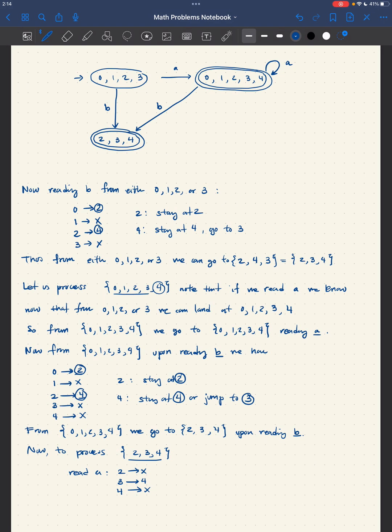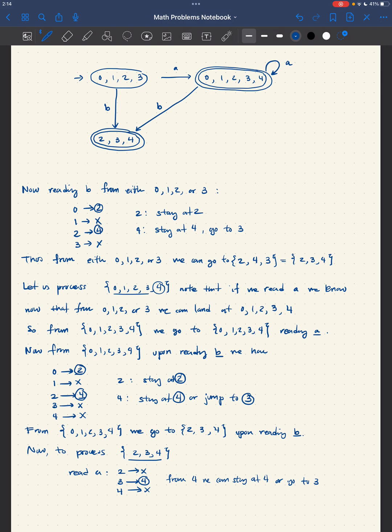And now let's see what happens from the collection of things that we can land. What can we do by reading no symbols whatsoever? From 4, we can stay at 4 or go to 3. So how do we signify this as a transition?